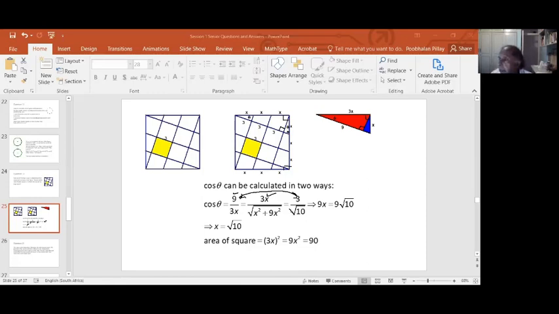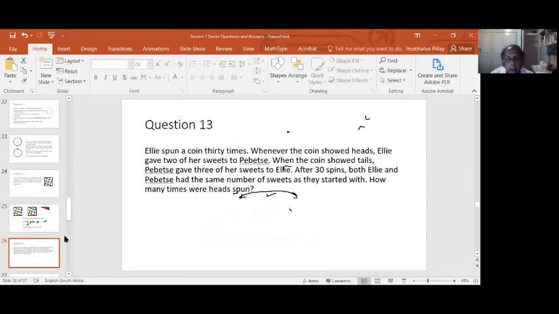The next problem is problem 13. Problem 13 says Ellie spun a coin 30 times. Whenever the coin showed heads, Ellie gave 2 of her sweets to Pabetse.